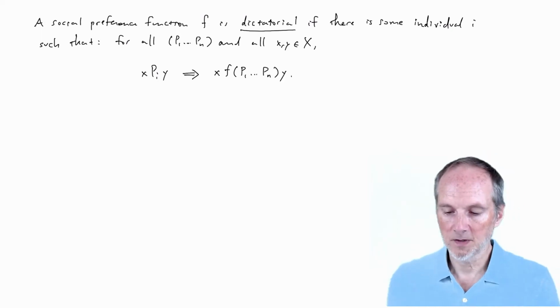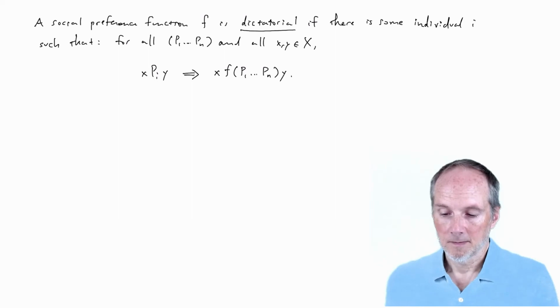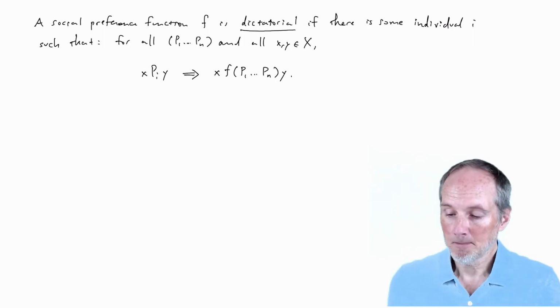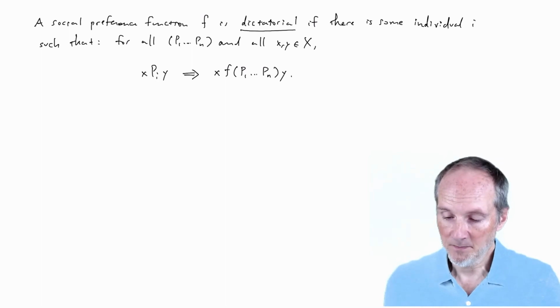Okay, so the impact of this is that it's the same individual for all profiles. So even if everyone else in society has the opposite preference, this guy gets his way. Okay, so the idea of a dictatorial social preference function is very extreme. It's not very palatable.